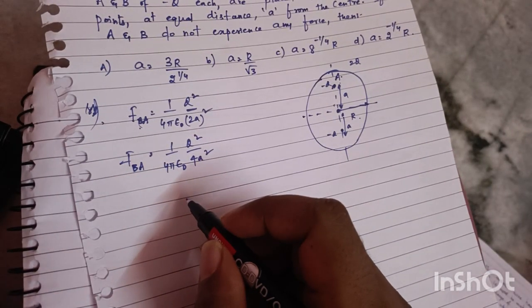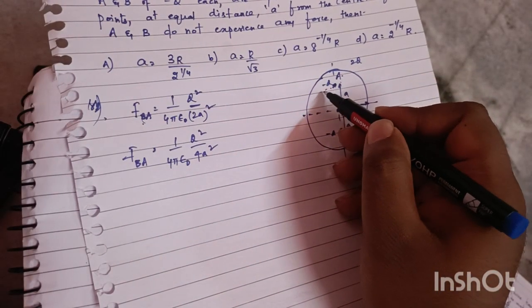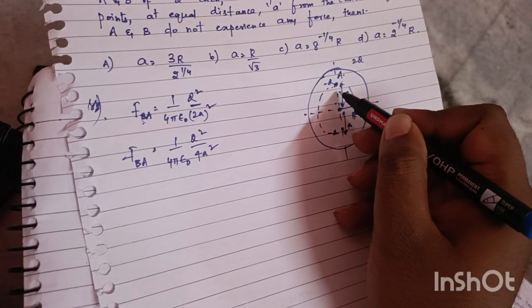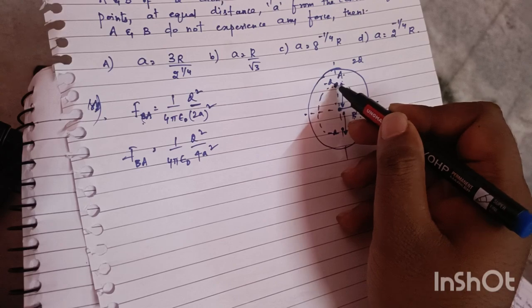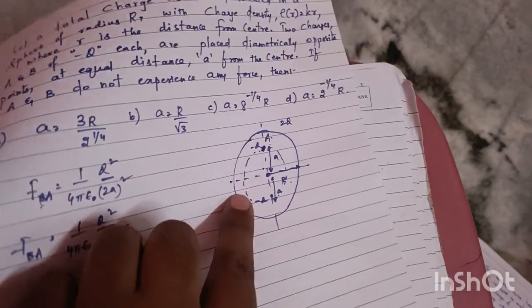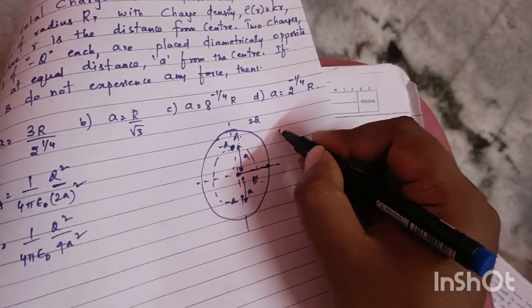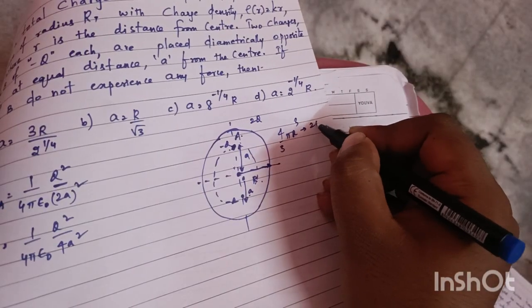Next, at this point, this distance is a. If I calculate the total charge here, you could say, sir, you could directly take it linearly. For example, for the total volume, 4 by 3 pi R cube, the charge is 2q.